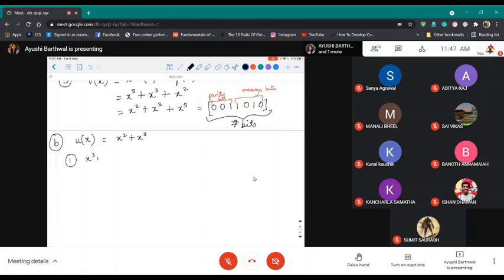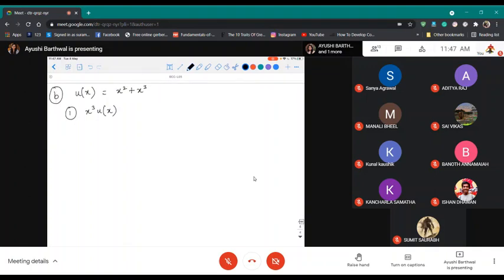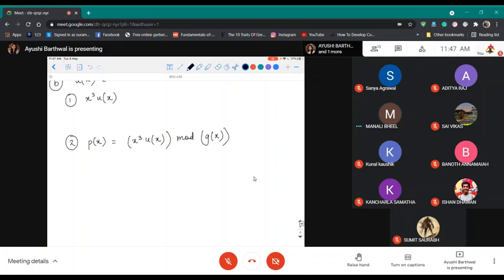In the first step, you have to multiply by x cube ux. In the second step, you have to find the parity polynomial by dividing x cube ux by gx and taking out the remainder.